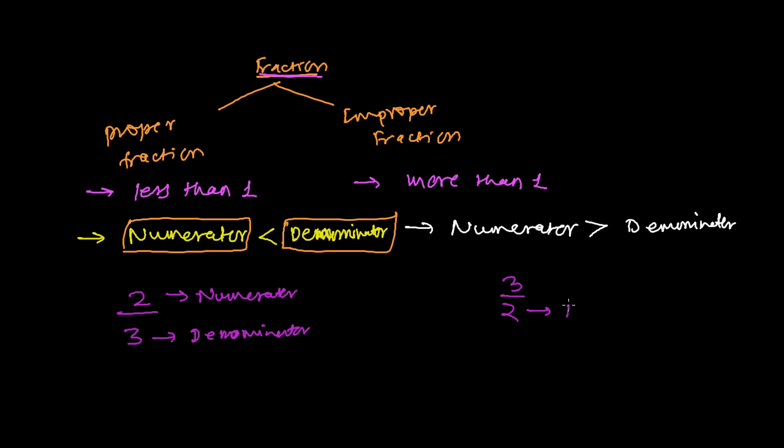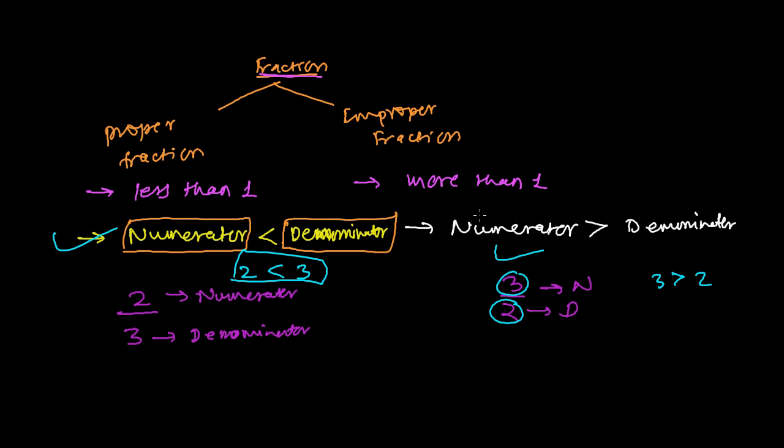So here this is numerator and this is denominator. So if numerator is smaller, that is proper fraction, and if numerator is bigger, that is improper fraction.